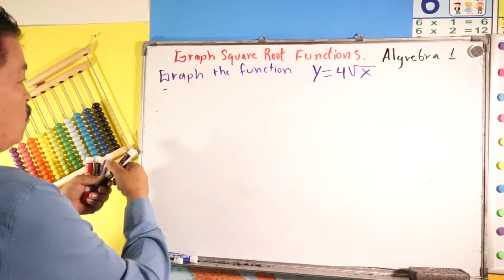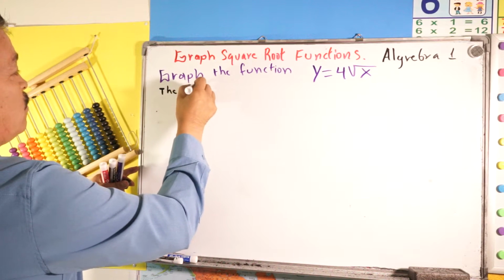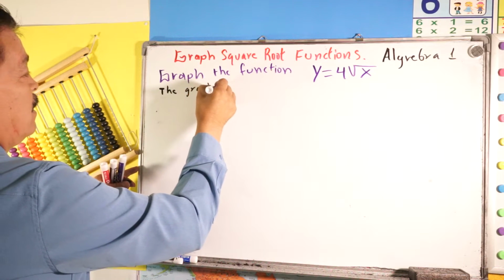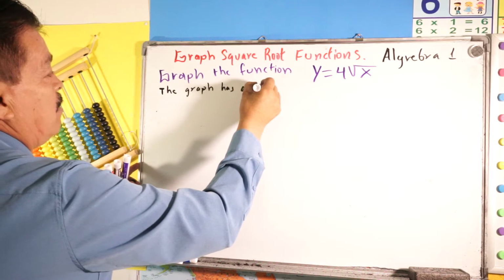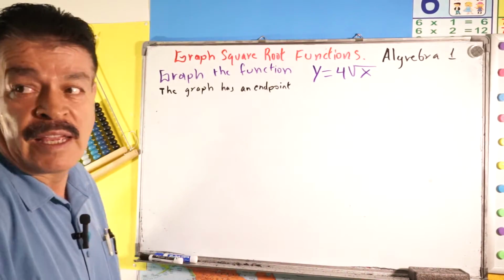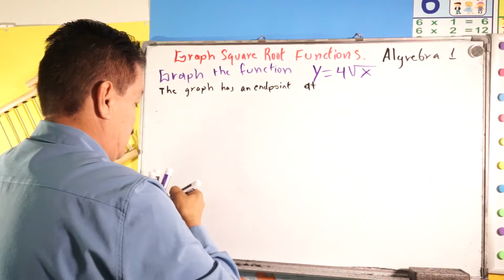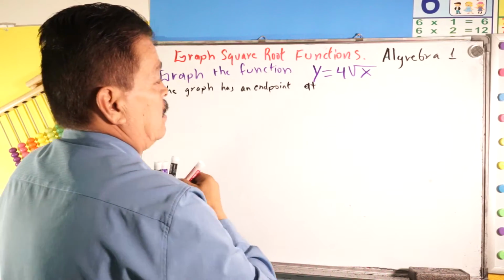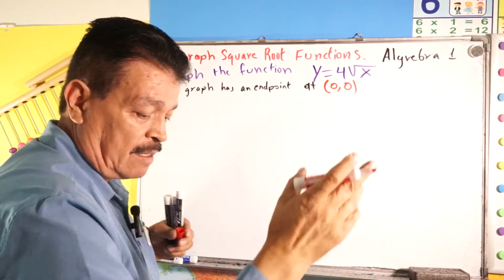This is our conclusion: the graph has an endpoint at 0, 0. Okay, this is one key.